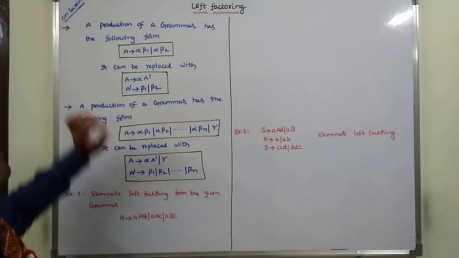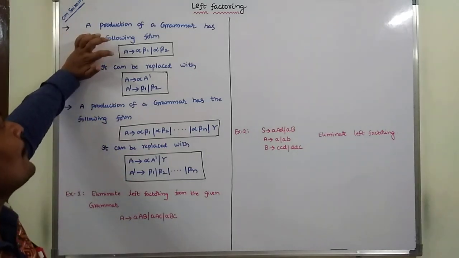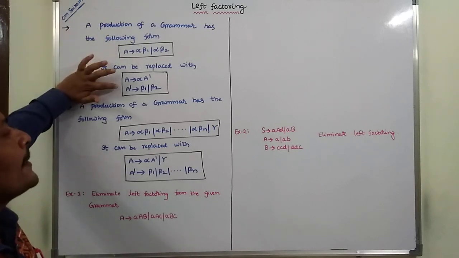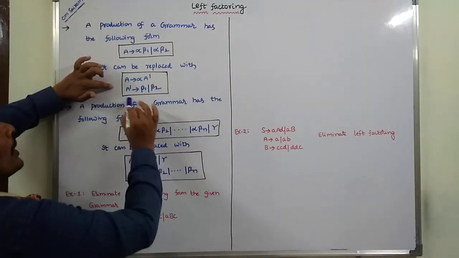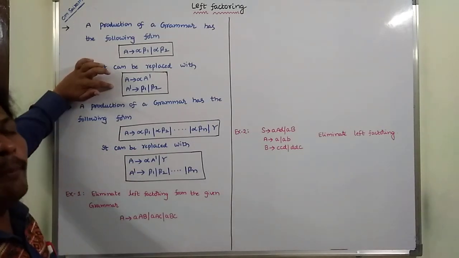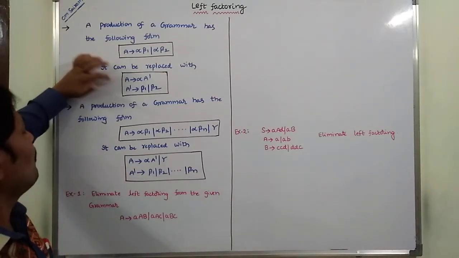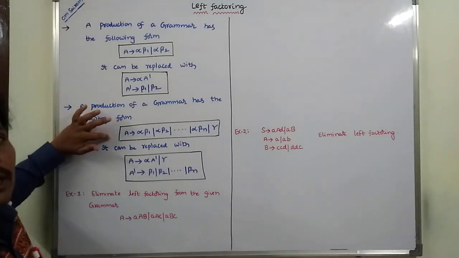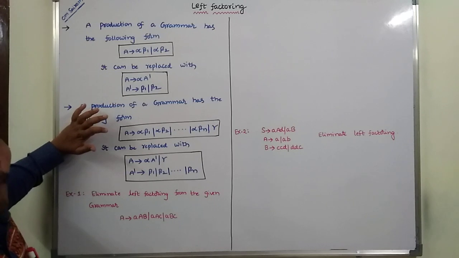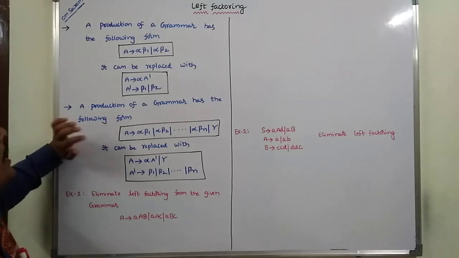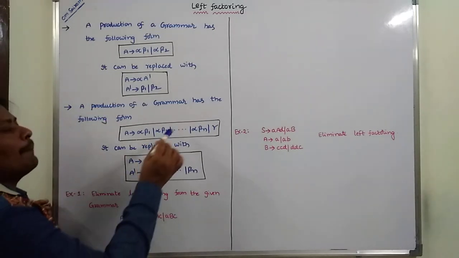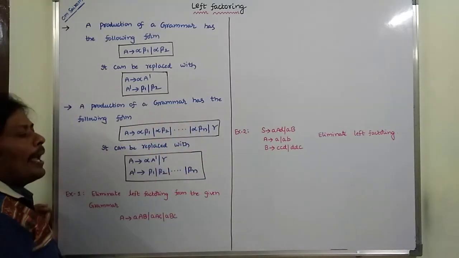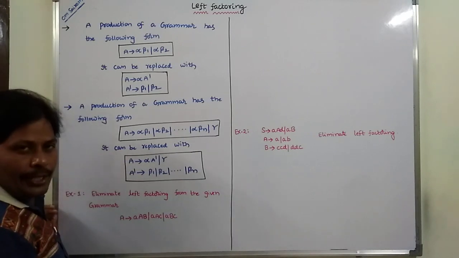If the given grammar is in the form of this production, then that grammar can be replaced with these two productions for eliminating the left factoring.